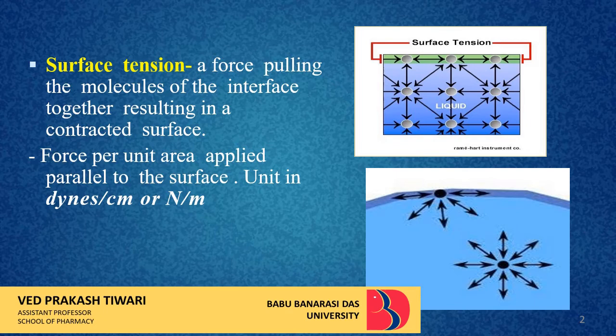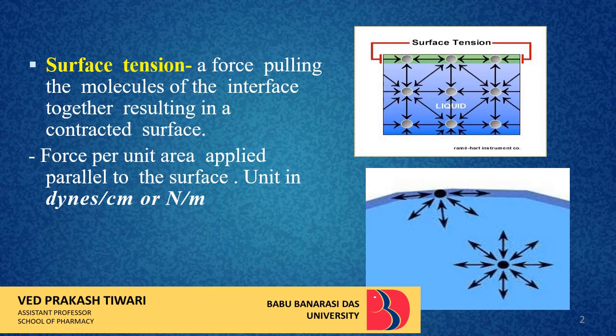This molecule is attracted by the molecules below and experiences a downward pull. The adhesive force between the molecule, that is S, and the air above it is weaker than the cohesive force and cannot balance the inward pull on the molecule S. These unbalanced forces acting downward tend to draw the surface molecules into the bulk of the liquid.